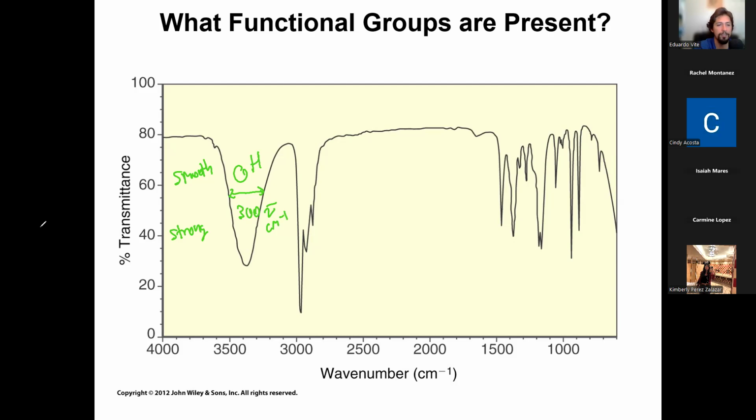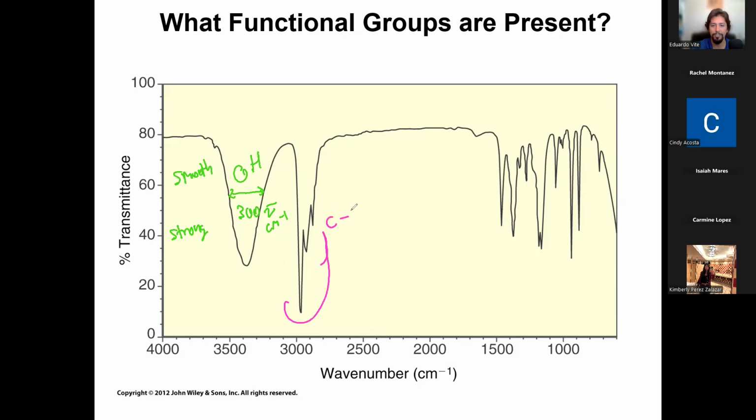What are these peaks right here? What's this one? These really sharp ones. What are these right here? Yep, exactly.